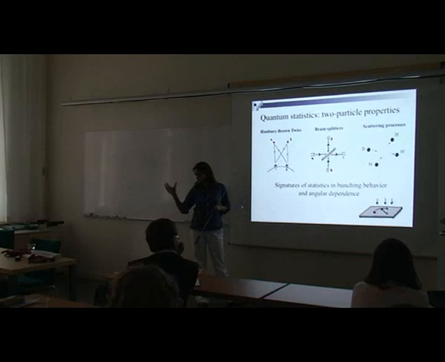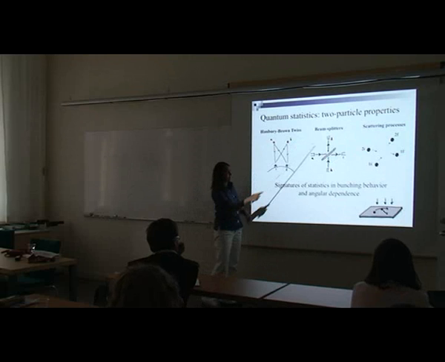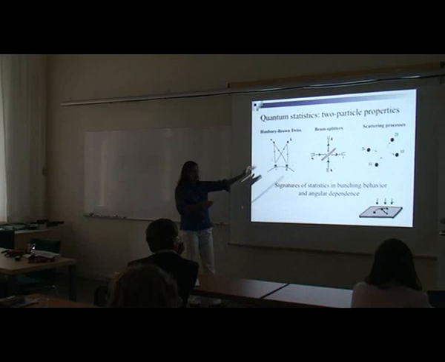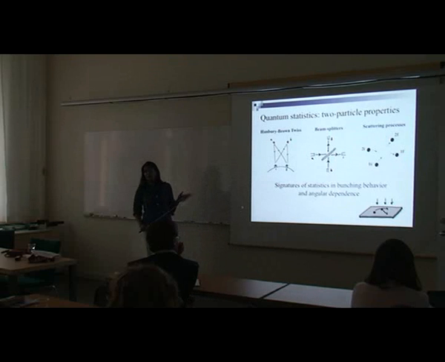The question you ask is, if one photon goes in here, what is the probability that another one goes into the same detector as opposed to the other detector? So that's one more place where you see photonic statistics, and now fermions have also been explored in the same setting.